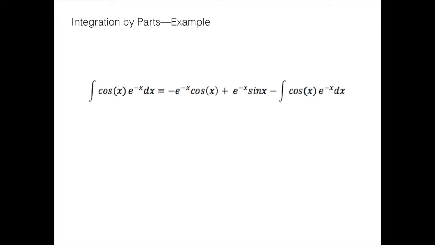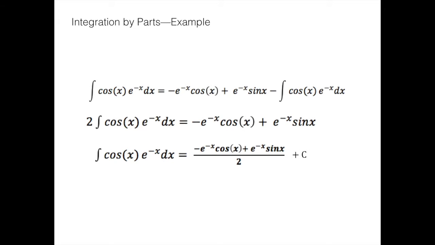If we do that, we see that the whole equation becomes 2 times the integral of cosine x e to the negative x dx equals negative e to the negative x cosine x plus e to the negative x sine x. So now dividing both sides by 2, we actually get an expression that represents the integration of cosine x e to the negative x dx, and that's our final answer.